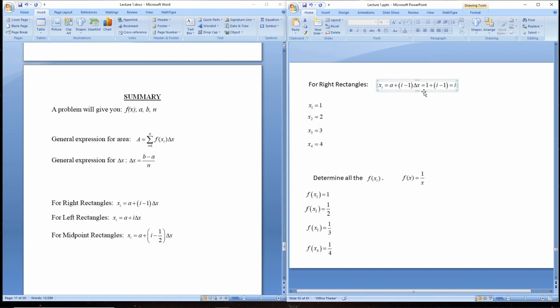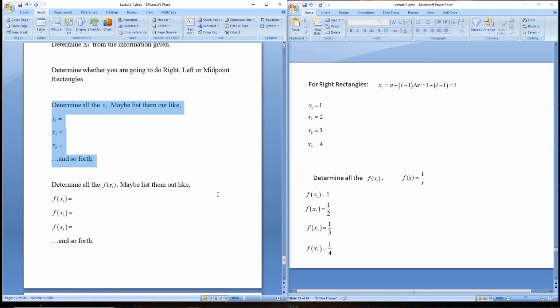But I'm going to start filling in the information. So for instance, we know a is 1. So I just plugged in 1 for a. And we also know delta x is 1. So this expression simplifies down all the way to just i. So all the positions are simply given by i.